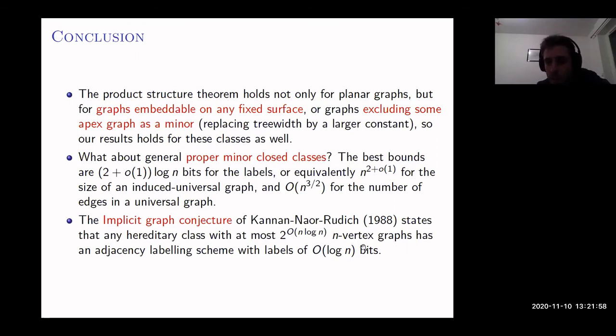And actually, it's an if and only if, because if you have such an adjacency labeling scheme, then you don't have too many graphs in your class. This is not completely related, but it is a very nice conjecture, and it's wide open. Actually, it's very hard. It's too general somehow.